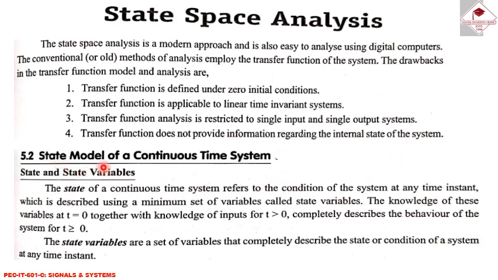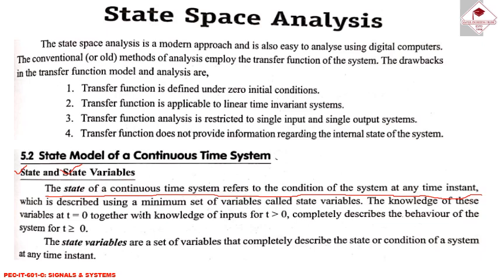So for the state model of a continuous time system, we have some definitions. The first definition is state, and the second is state variable. The state of a continuous time system is defined as the condition of the system at any time instant, which is described using a minimum set of variables called state variables.